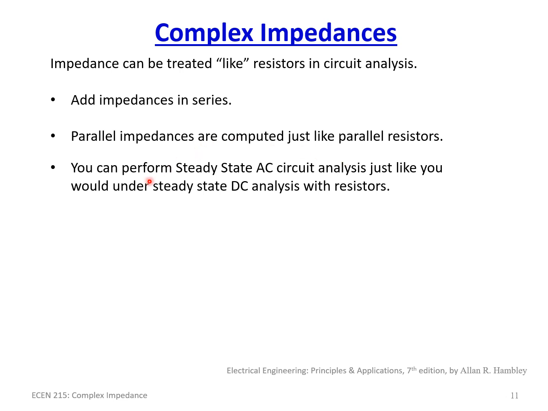And of course, now you can perform steady state AC circuit analysis just like you would perform steady state DC circuit analysis with resistors, but you're now replacing everything with impedance. Of course, it's important to point out that in the transient analysis, we did steady state DC circuit analysis, where we replaced inductors with shorts and capacitors with opens.